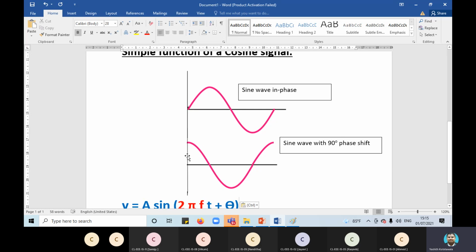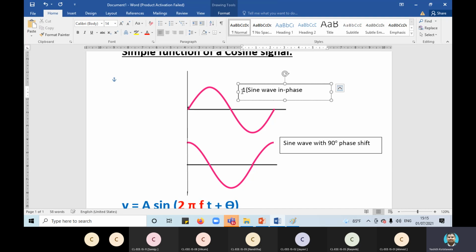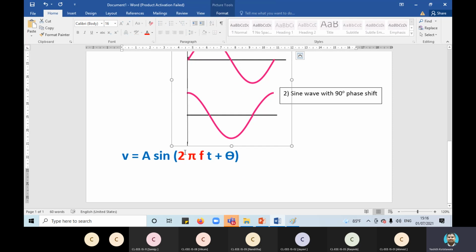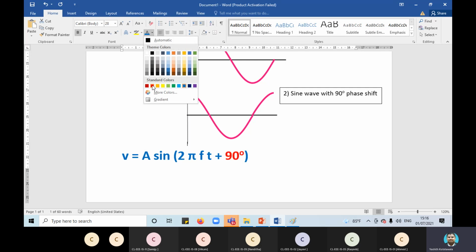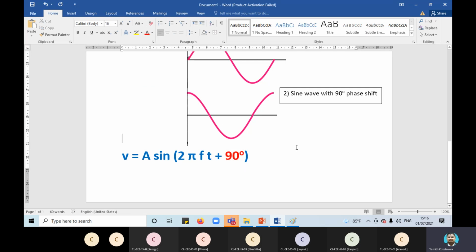Therefore, if you are trying to write a mathematical sentence for representation number 2, if we call this number 1 and this number 2, you get the original sine, but this bit theta becomes 90 degrees. V is equal to A sine 2 pi ft plus 90.